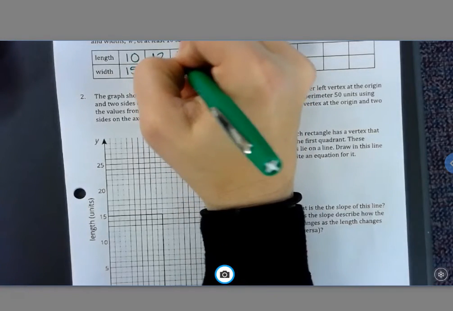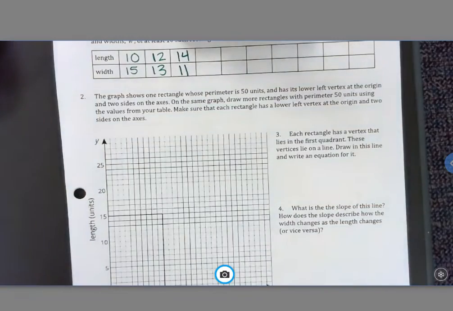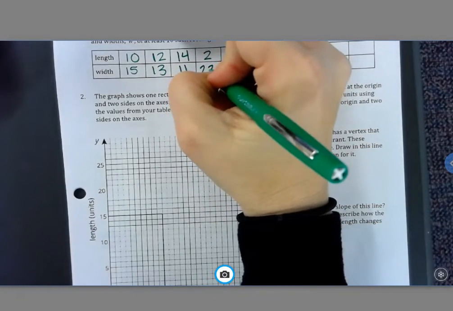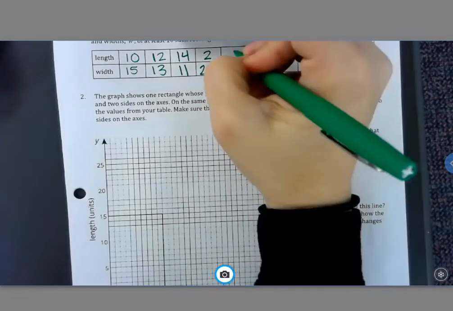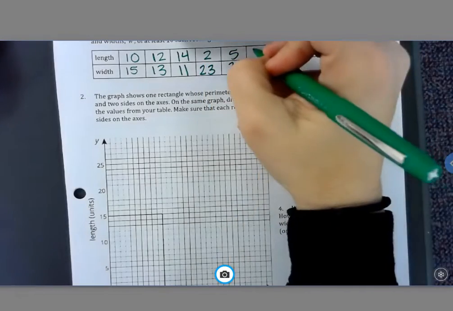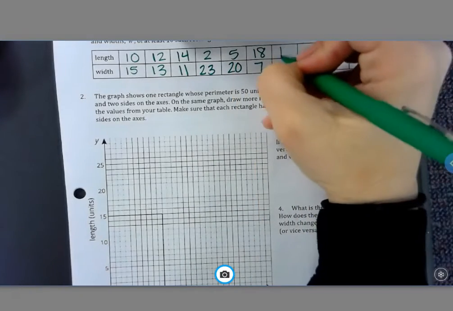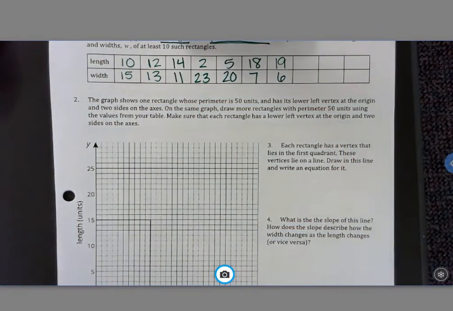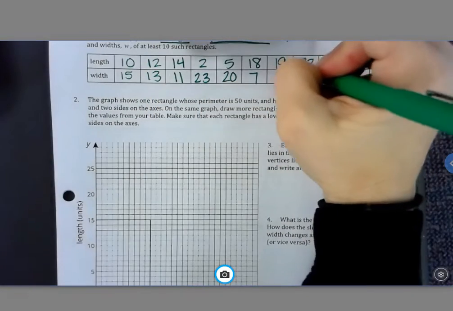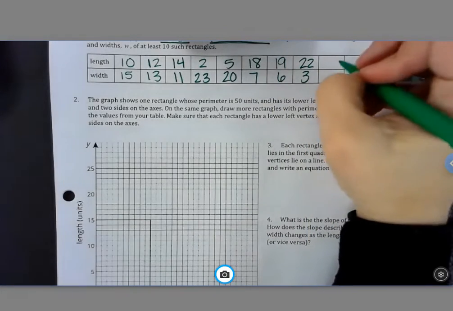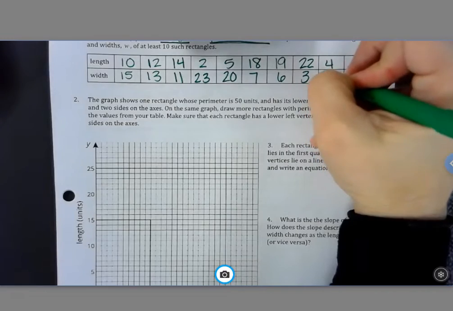All right, 14 and 11 would work. 2 and 23 would have worked. 5 and 20 would work. 18 and 7. 19 and 6. 22 and 3. 4 and 21.